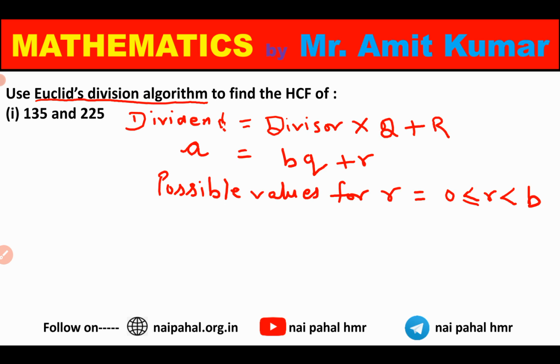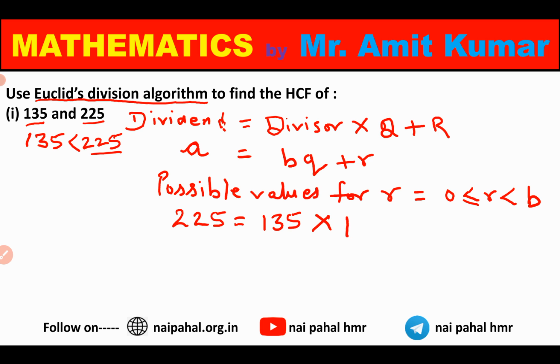If we compare 135 and 225, we can say that 135 is less than 225. Then the greater number is taken as the dividend, so we can write 225 is equal to the smaller number as our divisor, 135, multiplied by how many times to get 225?